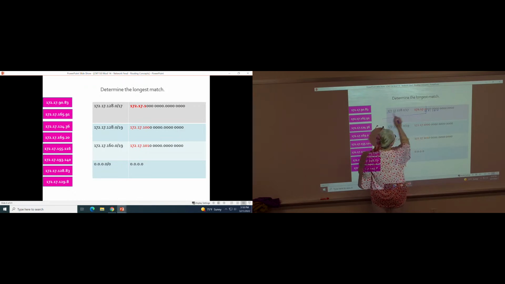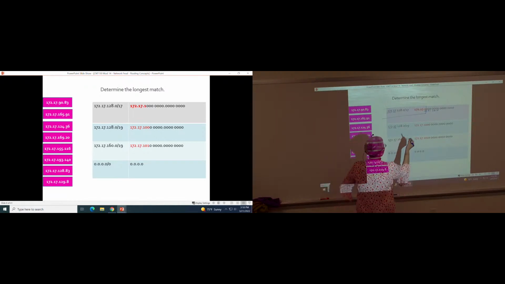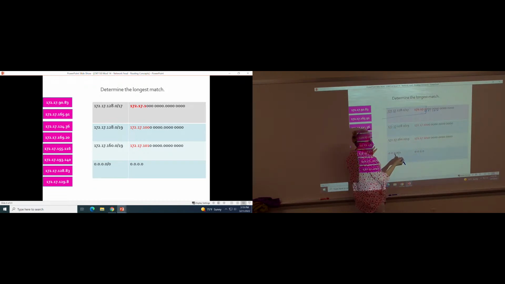That's as far as I'm going, right? So, does it work? Why doesn't it work? Because this doesn't match. 0 and 1 doesn't match. This doesn't work. These bits all have to match.